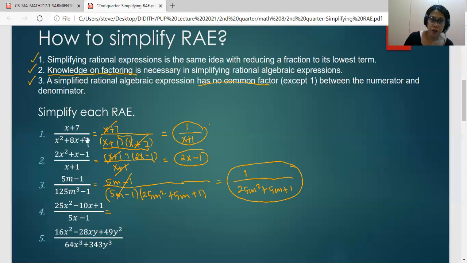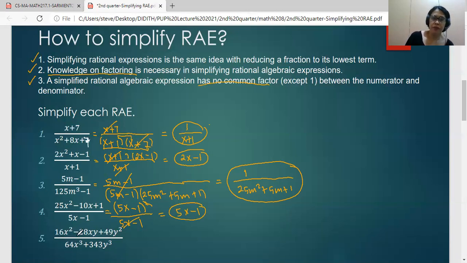And then minus the square root of 1 is 1. Quantity squared. And then we'll copy 5x minus 1. Cancel the common factor, which is 5x minus 1. So we only have 5x minus 1 left as the simplified form for number 4.